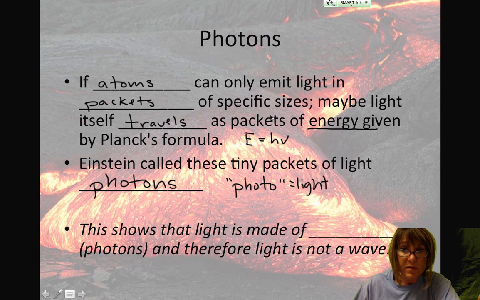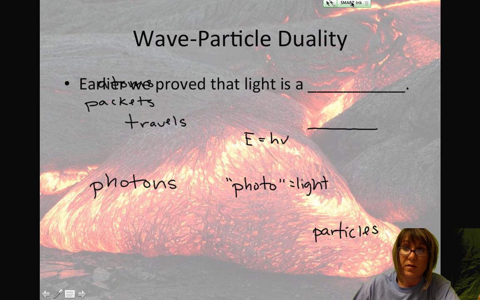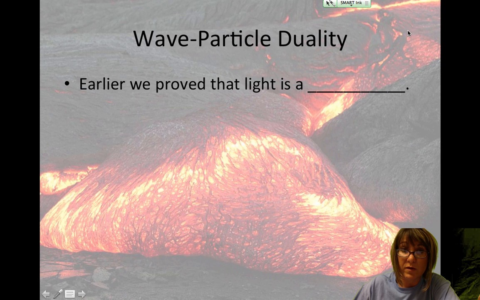So basically, what we came back to is that we've shown light is made of particles. Particles that are called photons. Therefore, light is not a wave, it's a particle. Now, some of you might be thinking back to where we were in our previous podcast. Earlier, we proved that light is a wave.